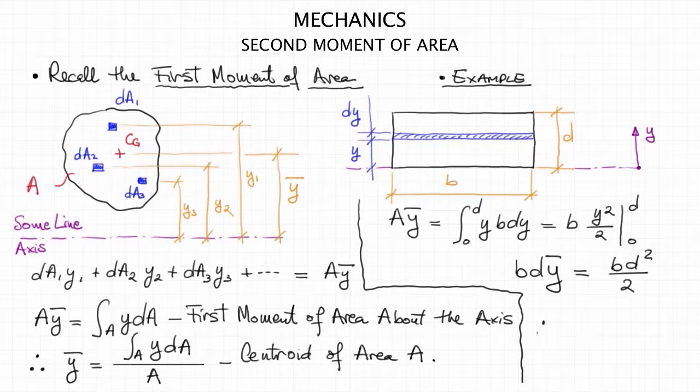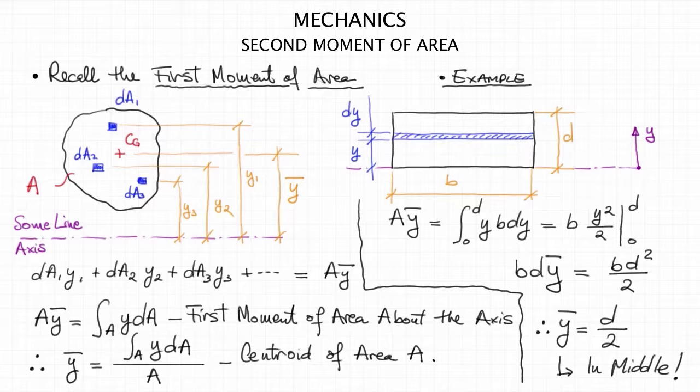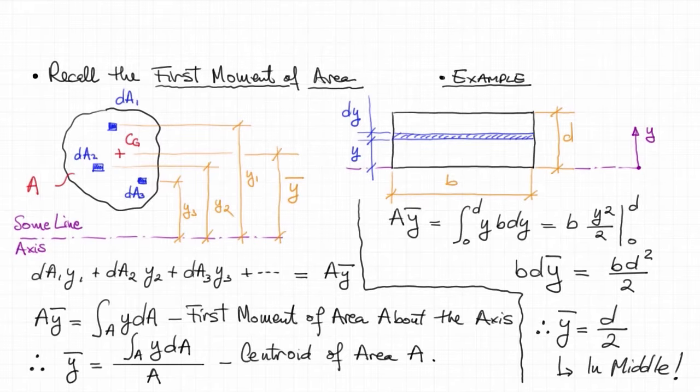Or in other words, we can solve for y bar from here, and that will be equal to, guess what? d over 2, right in the middle, and that's the location where we already expected that the centroid of a rectangular area would lie, in the middle of its depth, half d.